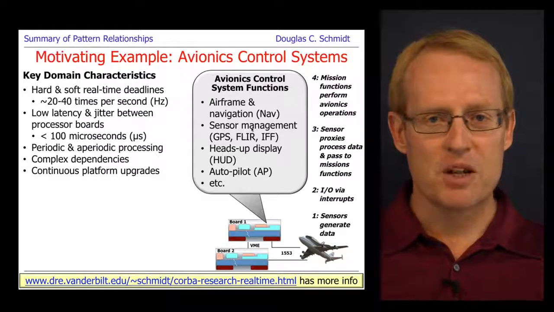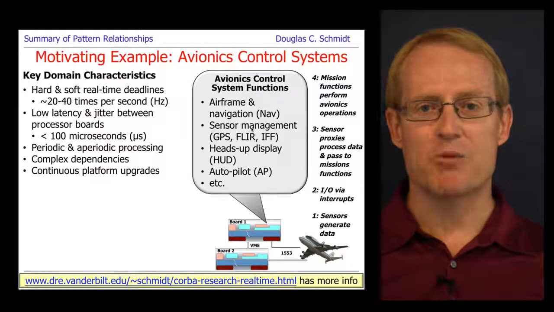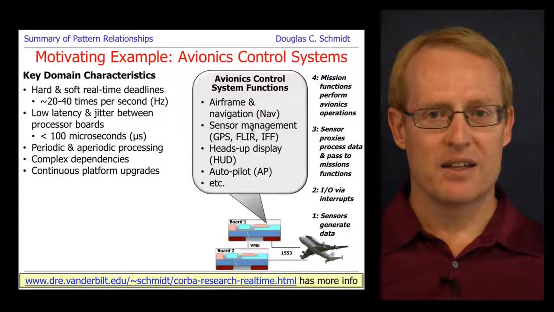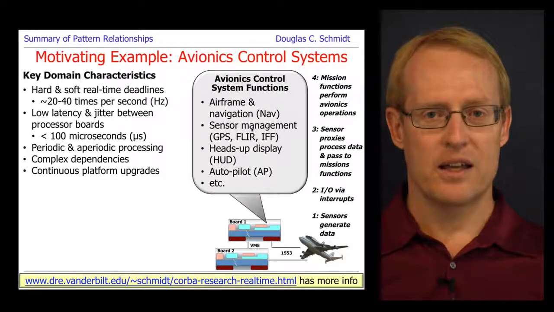Every 50 milliseconds or 25 milliseconds or so, a bunch of input has to be received from sensors and processed in order to be able to update the various state and to control the actuators on the plane in sensible ways.